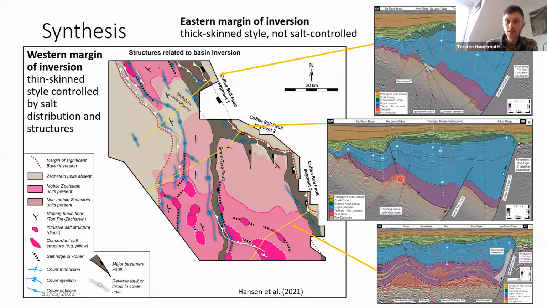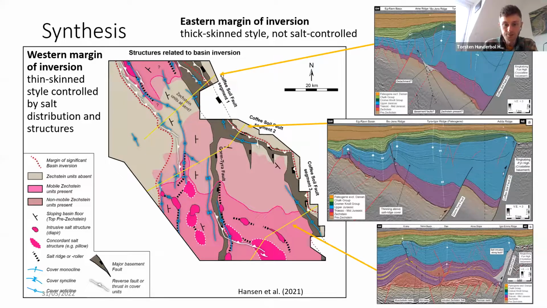It's because these salt structures seem to have localized thin-skinned faulting above already during rifting, and these thin-skinned faults were subsequently reverse reactivated during late Cretaceous shortening.